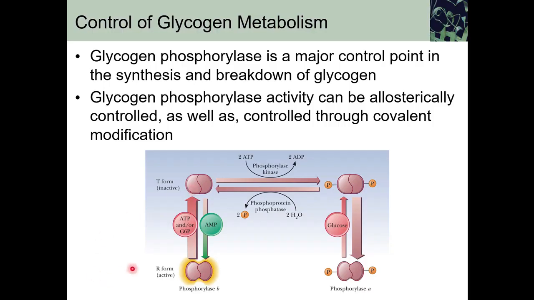Also, glucose 6-phosphate is an allosteric inhibitor of phosphorylase B. When you have a lot of glucose 6-phosphate in your muscle, it means that you just had a meal, and therefore you have a lot of glucose.